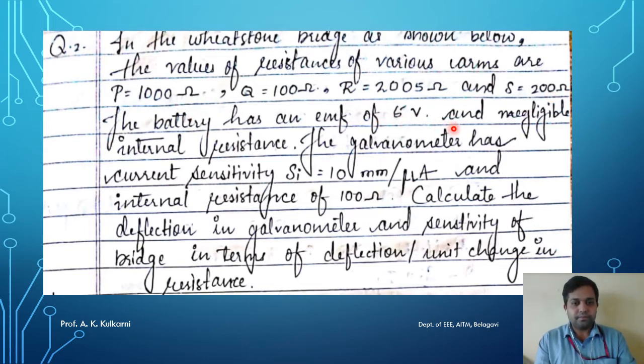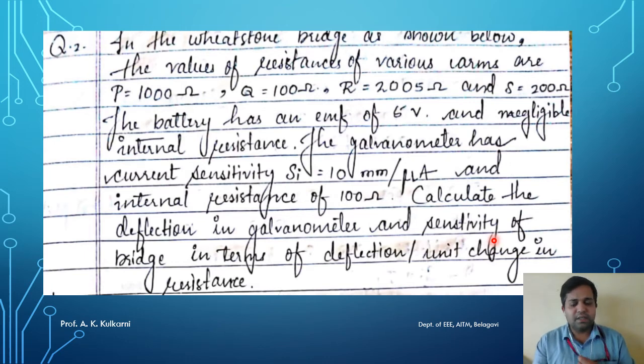A galvanometer has a current sensitivity of 10 mm per microampere, and the internal resistance of the galvanometer is 100 ohm. Calculate the deflection in the galvanometer and the sensitivity of the bridge.